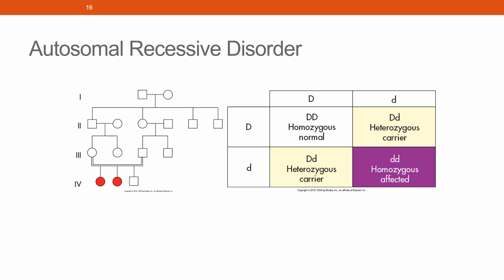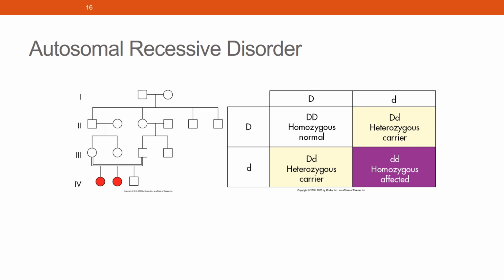When we're talking about autosomal recessive disorders, like autosomal dominant diseases, they are fairly rare in the population because they need two recessive genes to connect to create the recessive disorder expression.